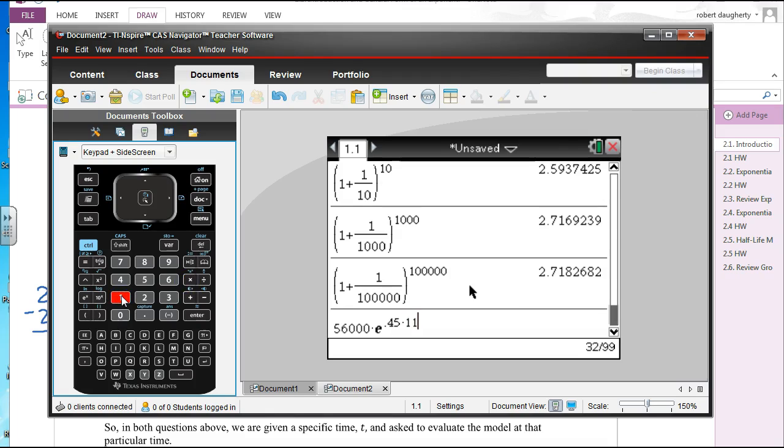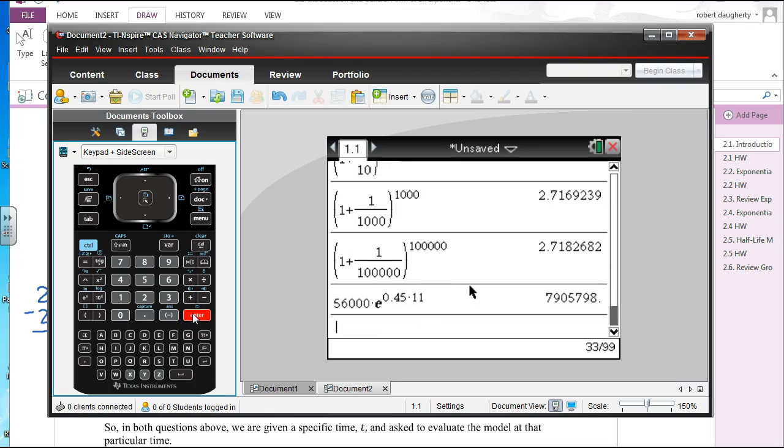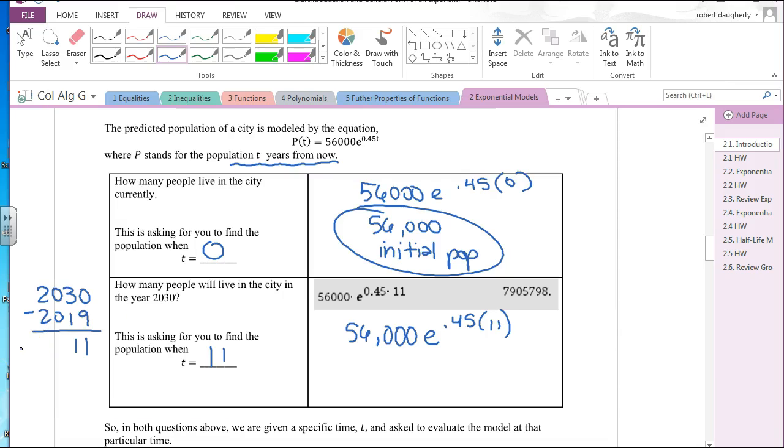So the nice thing is you don't have to say 0.45 times 11 and then e to that power. You don't have to write multiple steps. I can put the whole equation here, 56,000 e to the 0.45 times 11, and that is 790,5798.